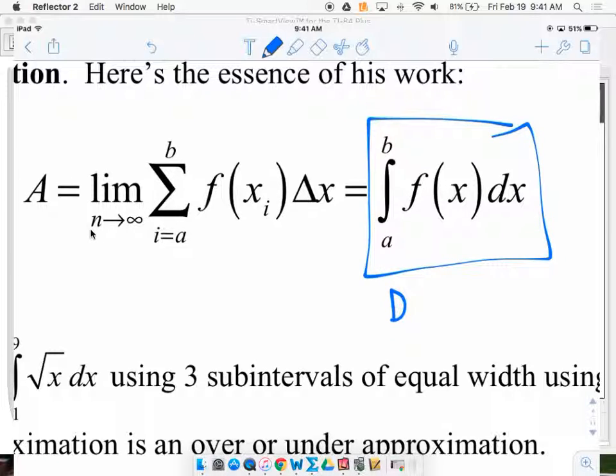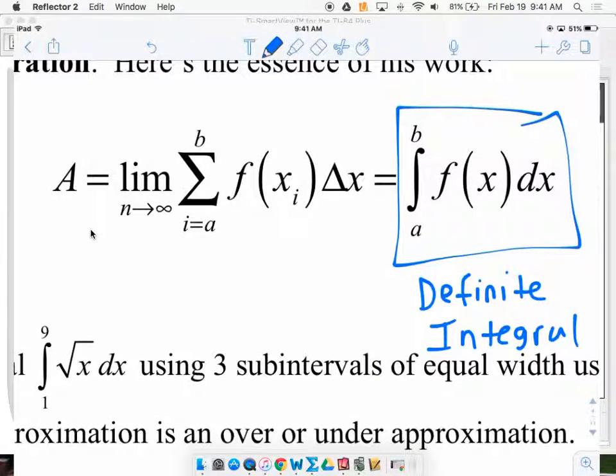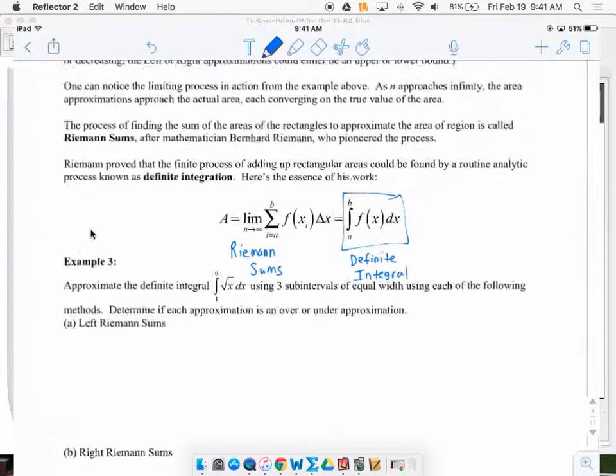This is your definite integral, right? And doing the whole finding the area process, that is what's called Riemann sums, named after the guy who invented them, Riemann. So Riemann sums will give you your definite integral.